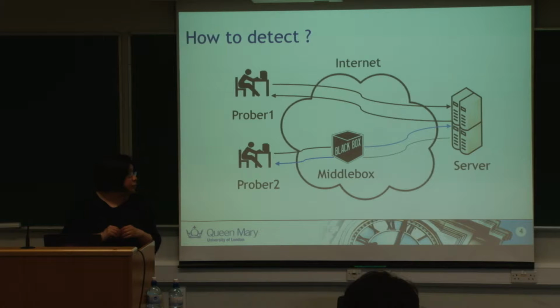So maybe in the path, there are multiple middleboxes. So we treat all of them as one black box, and we capture the incoming and outgoing traffic flows, and we compare the difference of the received traces and the original traffic flows, to identify what happens in the middle.